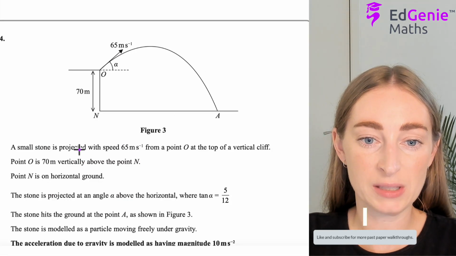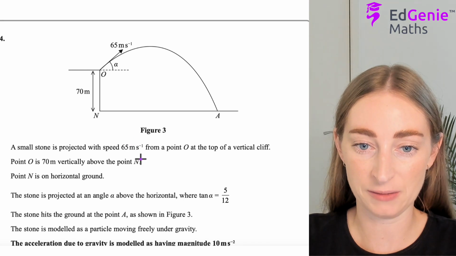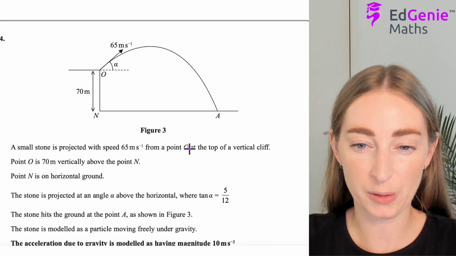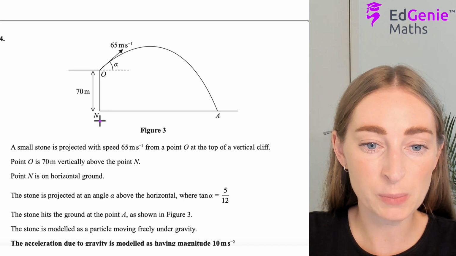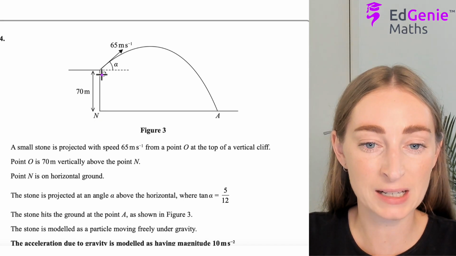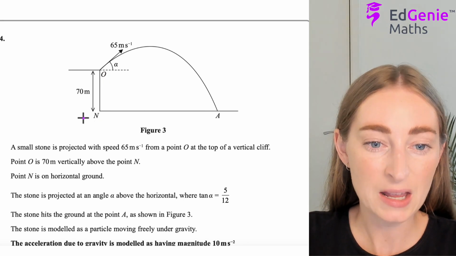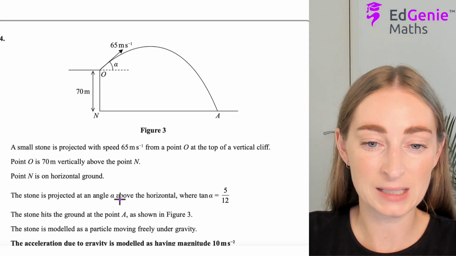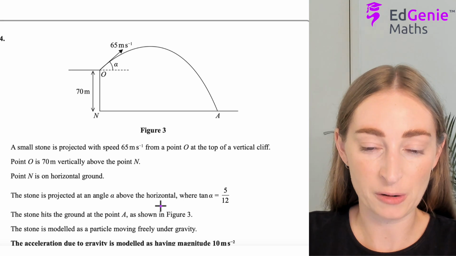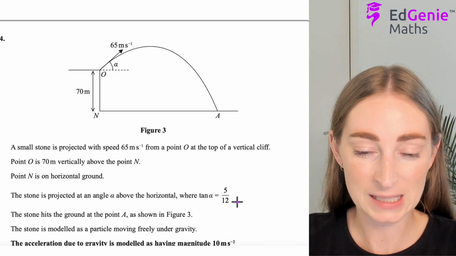A small stone is projected with speed 65 from a point O at the top of a vertical cliff. And they've said that this point is 70 meters vertically above point N. Point N is on horizontal ground. The stone is projected at an angle above the horizontal, and they've given us the tan.